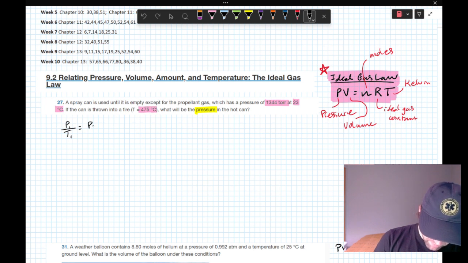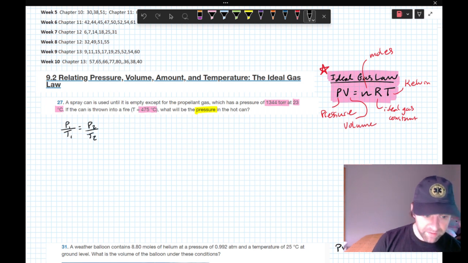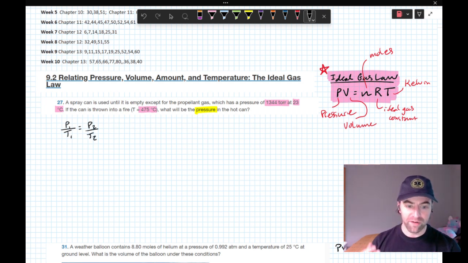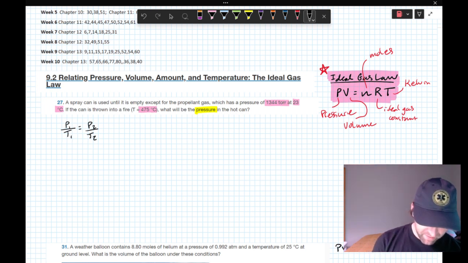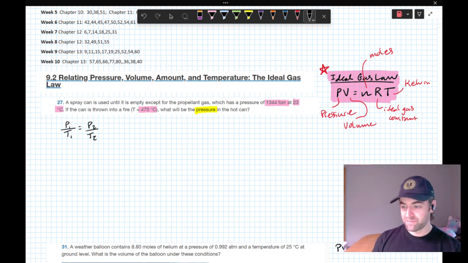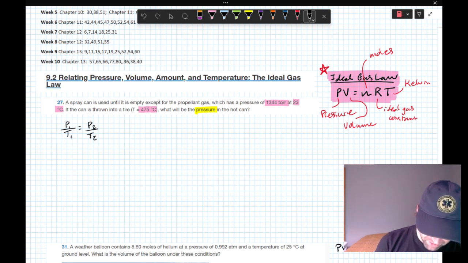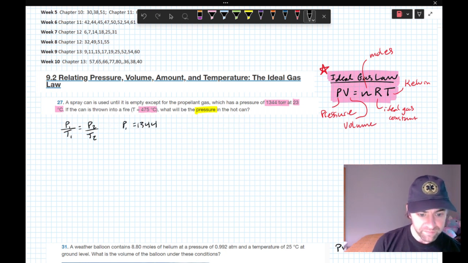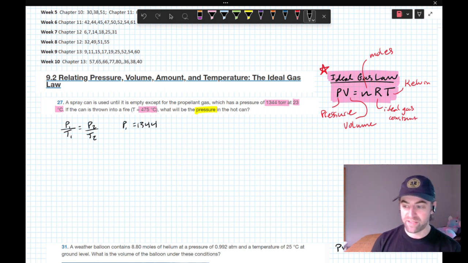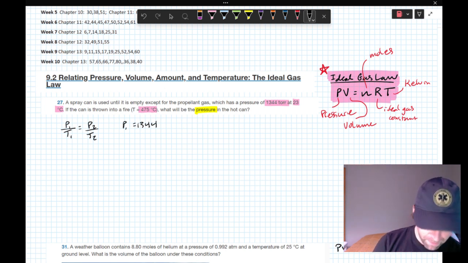This formula is Amontons's or Gay-Lussac's law, and it relates pressure and temperature before and after a change. So let's go ahead and fill these in. Our initial pressure is 1344 torr. And because we're not dealing with the ideal gas constant yet, we can leave this in torr. We're just dealing with a ratio, basically.